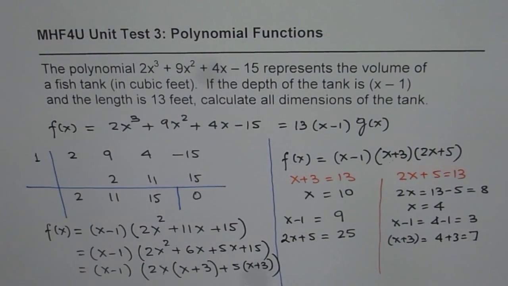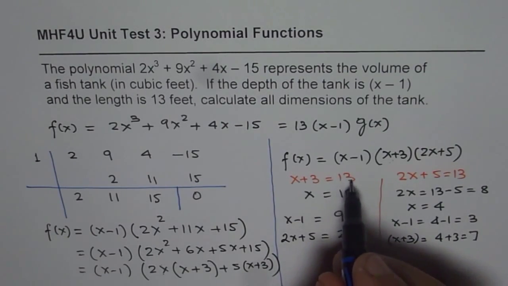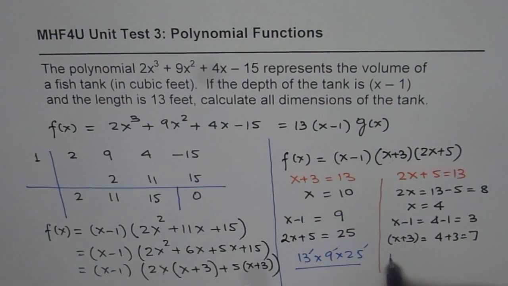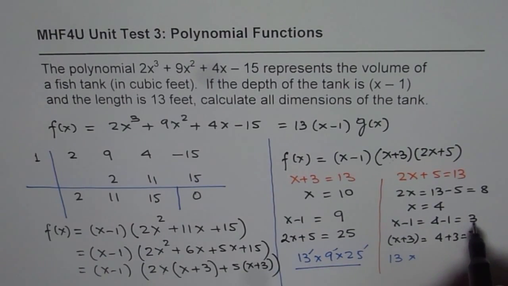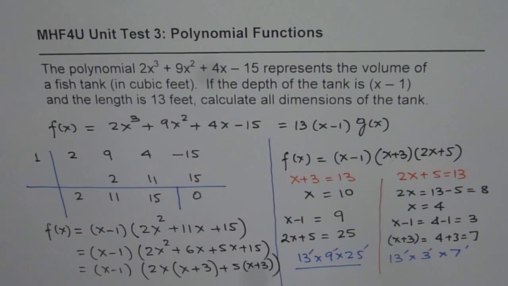So the dimensions which we get are 13 for the length, 9, and 25, or 13 times 9 times 25 in feet, or 13 times x minus 1, which is 3, times 7 in feet. So these are possible solutions. There are two different solutions for this situation.